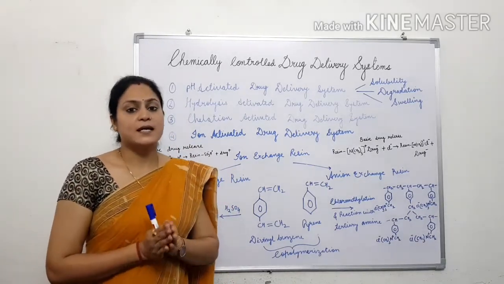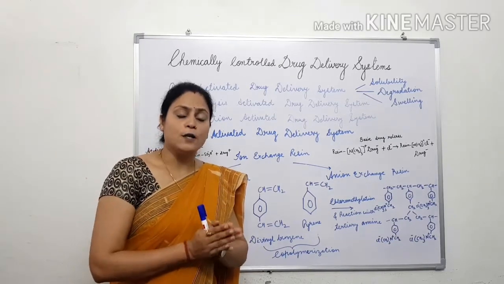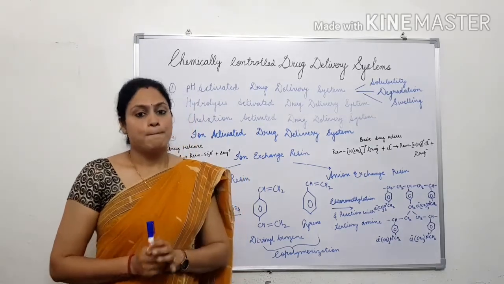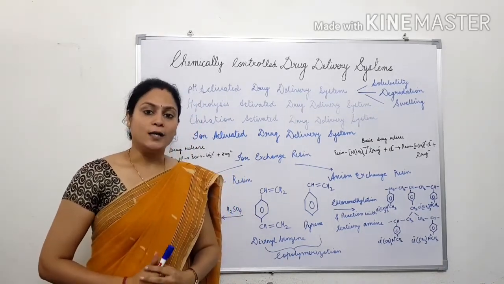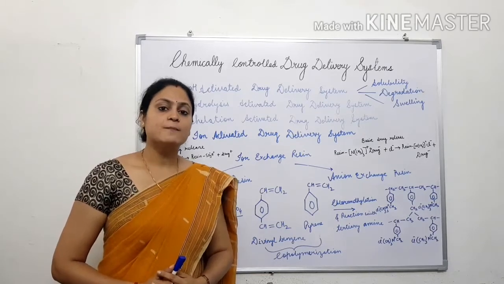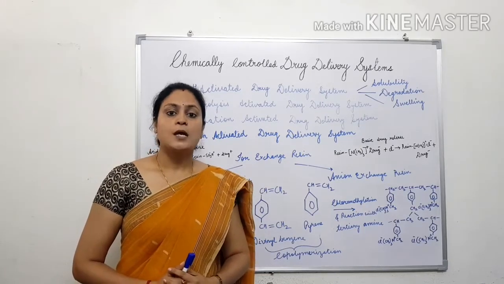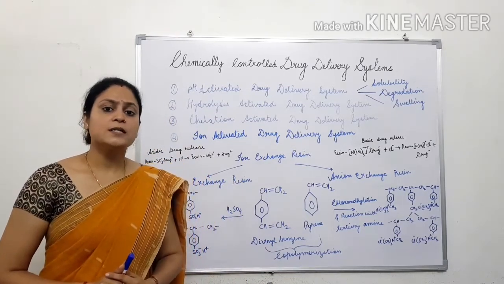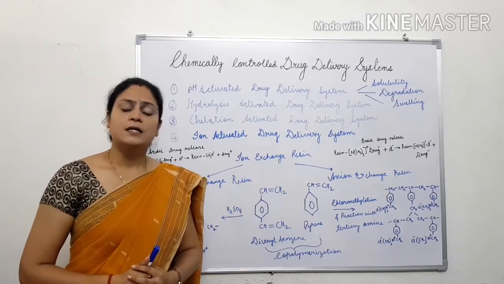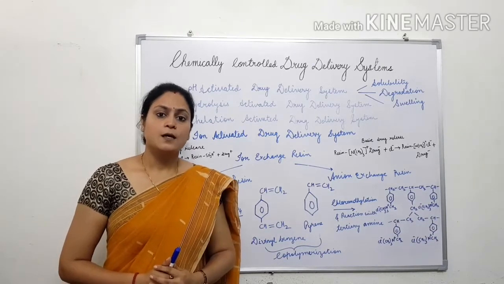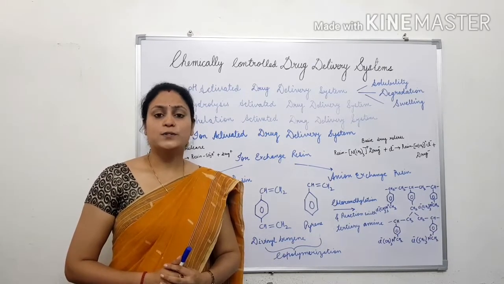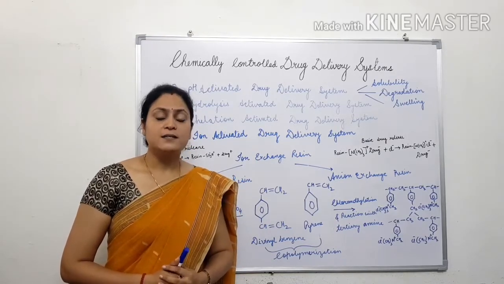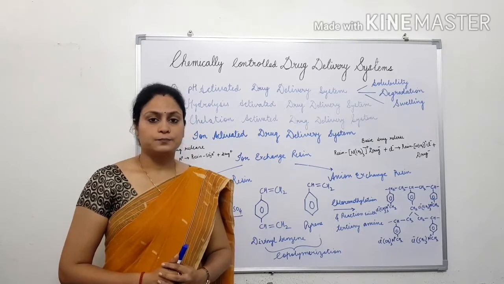Similarly, weakly basic drugs or weakly basic polymers have capability to ionize at an acidic pH. So, these polyacidic or polybasic polymers show swelling or shrinking behavior upon alteration in pH. Thus, drug delivery systems which are formulated by using these types of polymer show pH dependent release of drug.